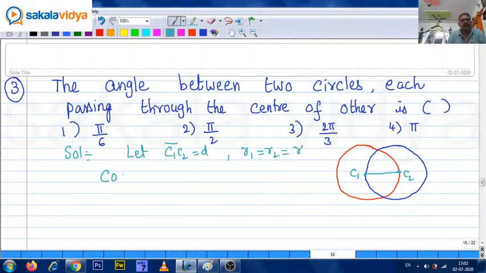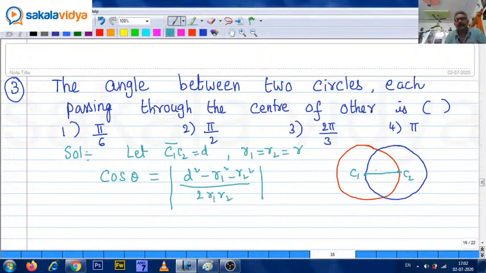Now, what is the cos theta formula? Modulus of D² − R1² − R2² upon 2 R1 R2.